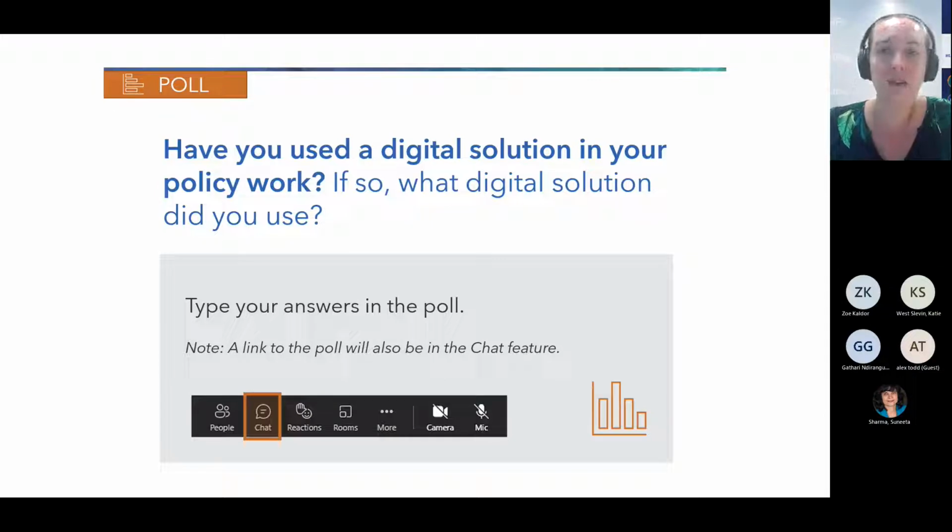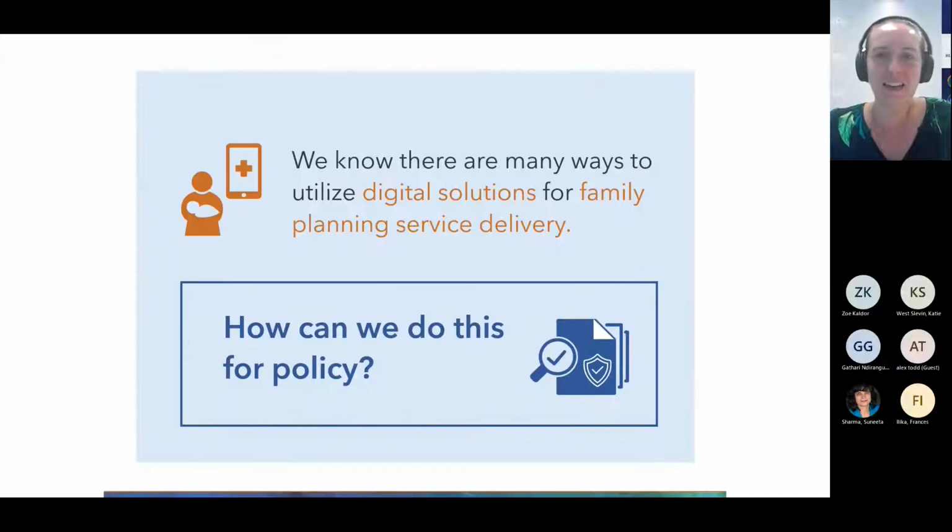That could be anything from dashboards to a monitoring tool to databases that you often use if you're in the development and problem identification space. I'll leave it open for a second. It looks like no responses are coming in, which sort of makes the point of why we did this activity. So maybe, for the interest of time, I'll move on to the next slide. We can come back to that.